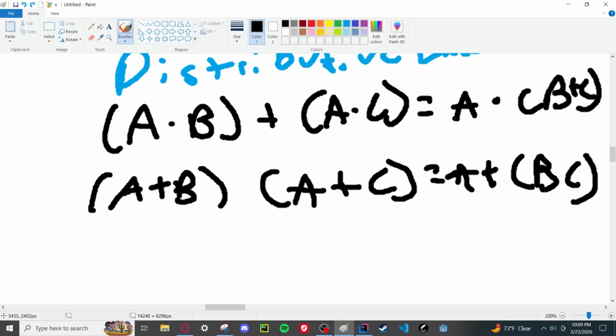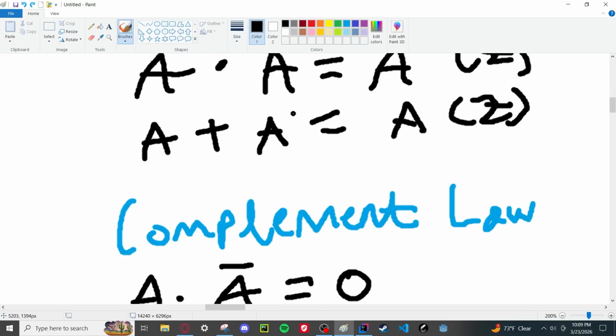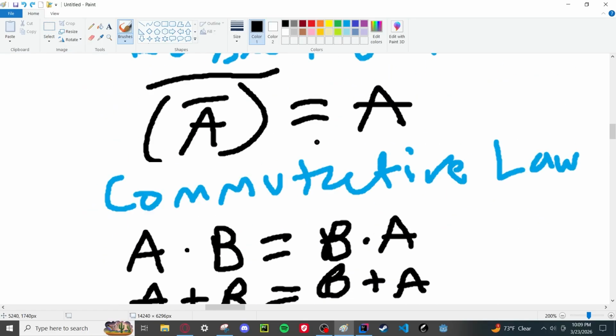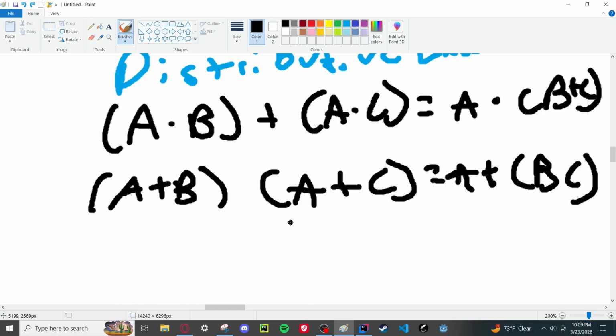This one's kind of weird because there's no mathematical equivalent to this. The previous one you can explain through math, which is what I did. I multiplied the A here and stuff like that. But this one doesn't work in math, but it works in Boolean expressions. So most things in Boolean algebra you can relate back to math, but not everything. Like this, for instance, you just kind of have to know this. You just have to see that A, you try to be able to take out the A, and you have to see it like this.